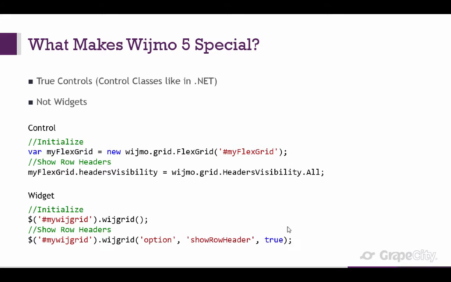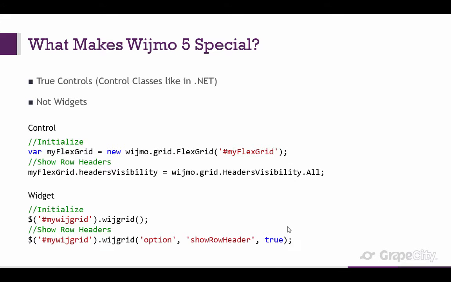So just to give you an example of the difference here. In the bottom, you can see there's a widget, and this is our previous grid widget. What you do is you'd have a jQuery selector to find a DOM element, and then you call a widget function. And that's how you initialize. If you wanted to set a property on that widget, you do the same thing. You have a selector to find the element. You call the widget function.